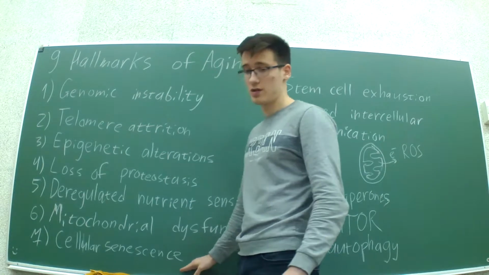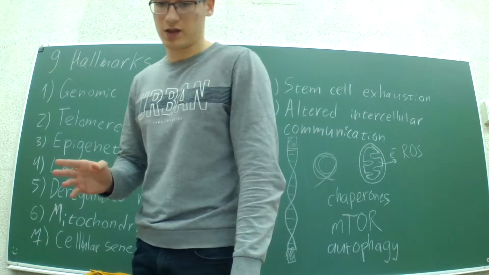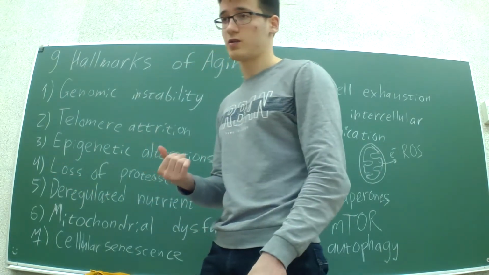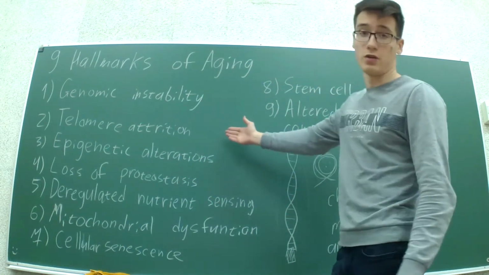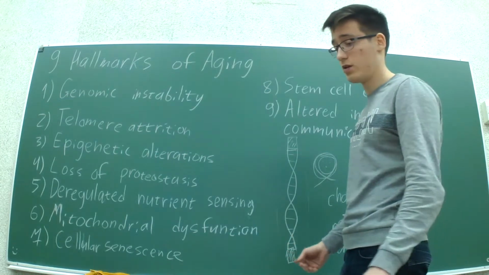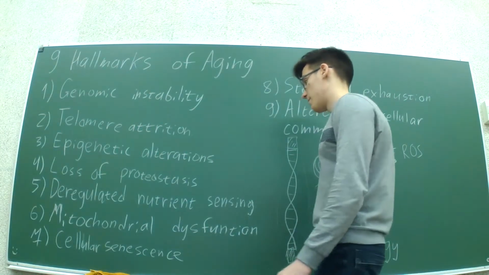Senescence is basically when they stop dividing. Well, the major factor that causes this senescence is telomere attrition, which we have already talked about.